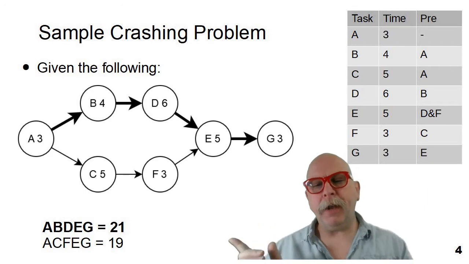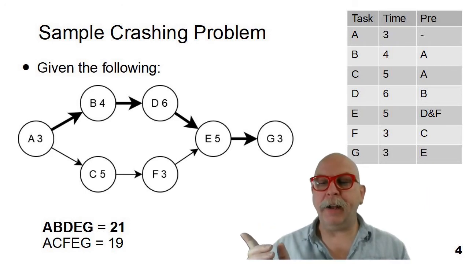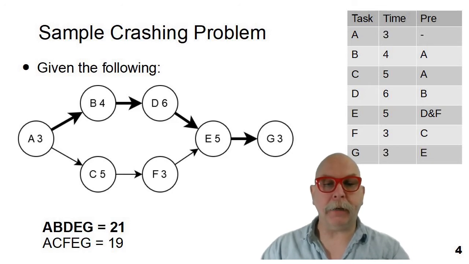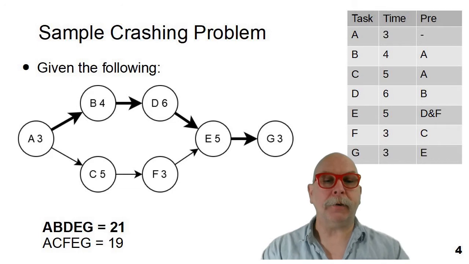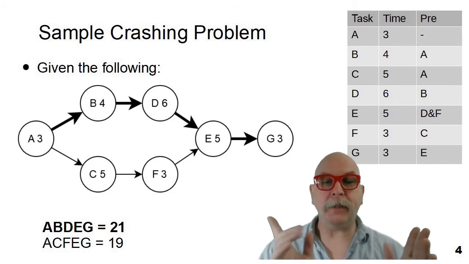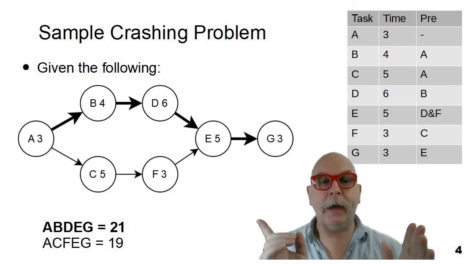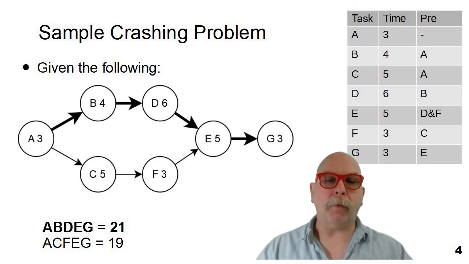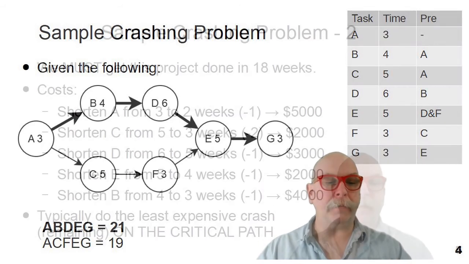You also see that over here I have defined all of the paths through the project and the time through all of the paths. This was covered in previous examples and previous videos, so I'm not going to go into the details of how to do this. But if you're going to crash a project, do this first so that you can see all of the critical paths and identify how to go forward with the crash.